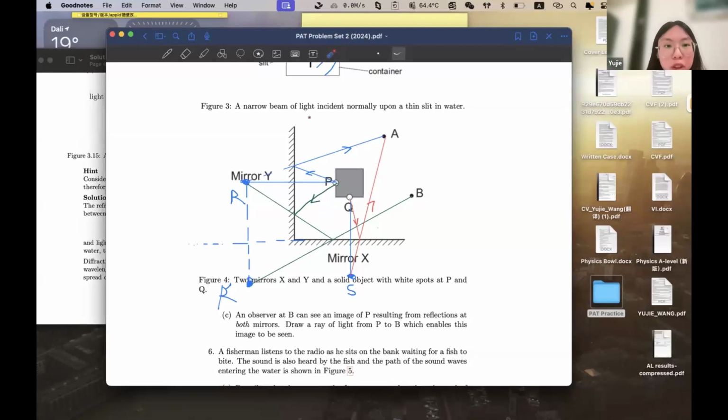So it's better to have those dashed lines, which are the normals.